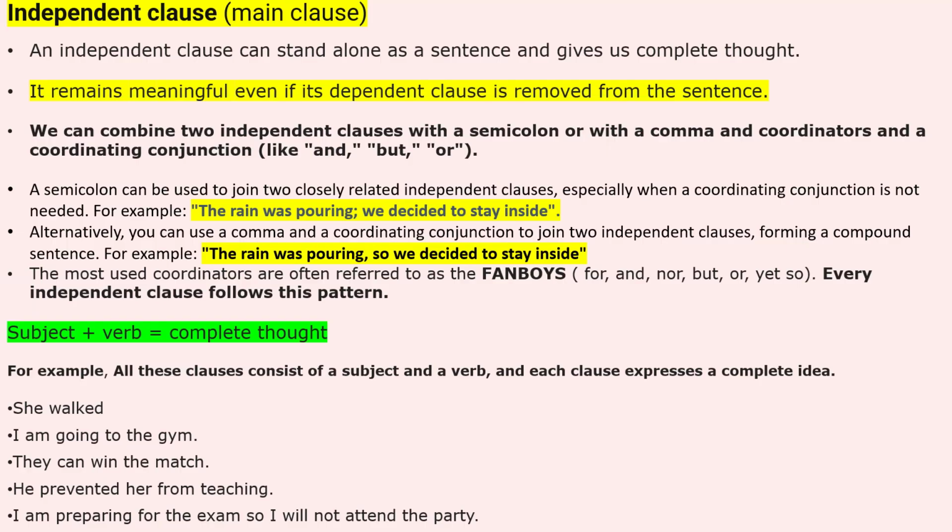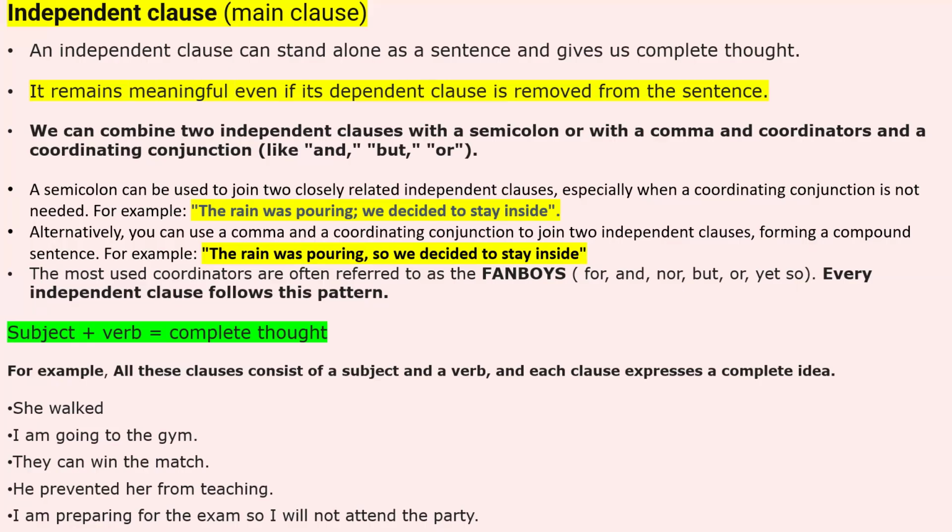How does this compound sentence form? The rain was pouring is one clause, and so we decided to stay inside is the other. We decided to stay inside is an independent clause here, but it becomes dependent because we have used so.